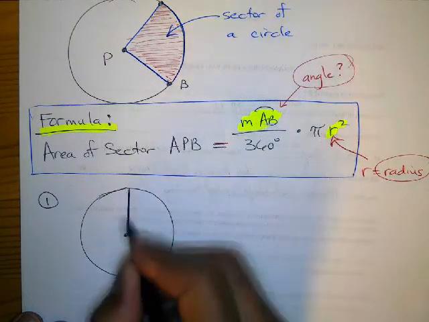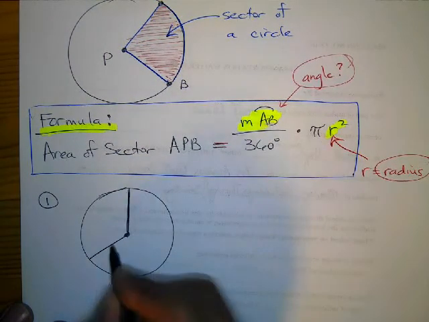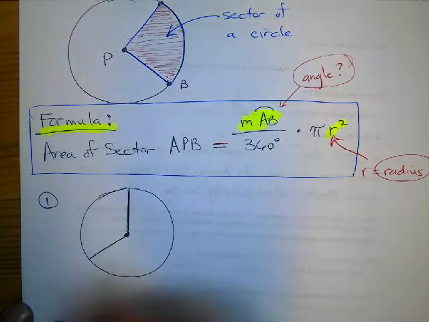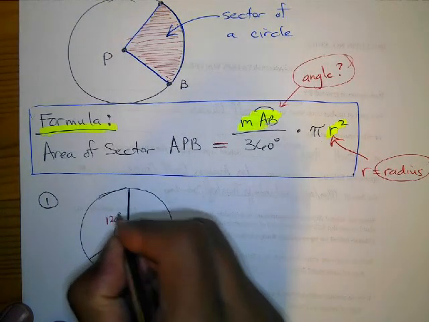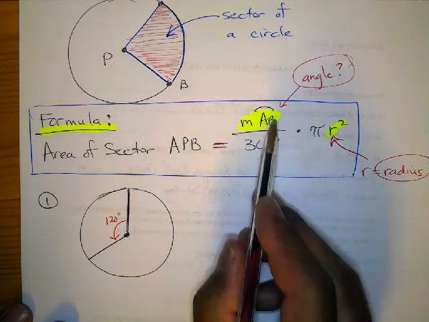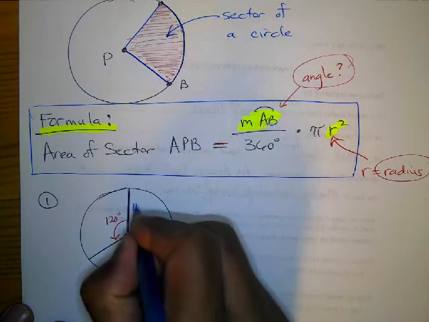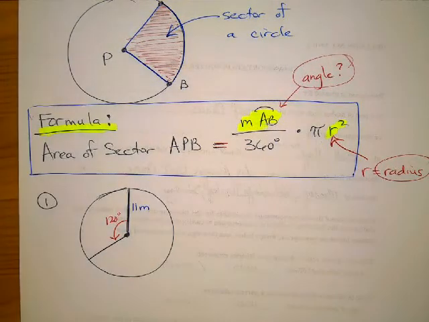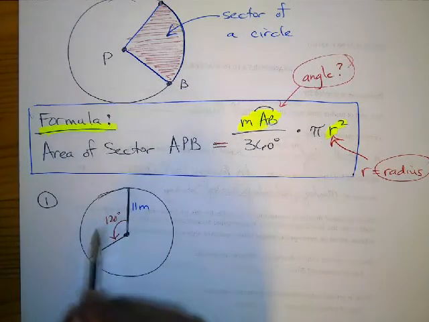So here is what they have. Now on the worksheet, it's kind of a little poor. Maybe the shading's not good, but they just show something like this. They tell you that the angle here is 120 degrees. Good, we need that. And then they give you the radius. In this case, for this problem, it's 11 meters or miles. But they don't shade it in.